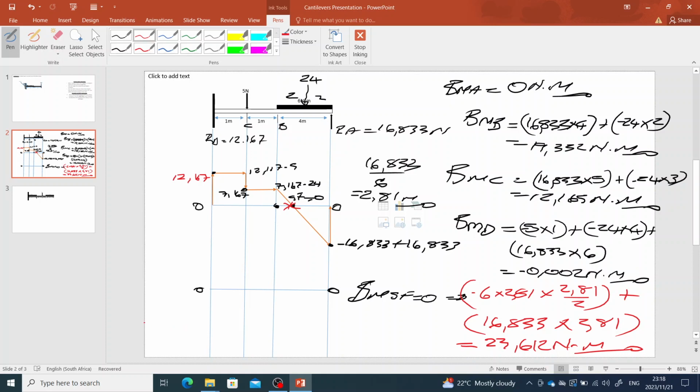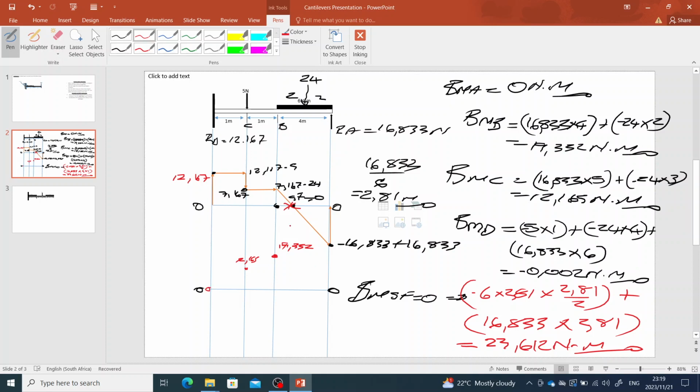Now we can go ahead and plot. See, bending moment at A is 0. Then bending moment at B is 19,332. Then bending moment at C, I write my 12,165 somewhere there. Then bending moment at the fixed point is 0.